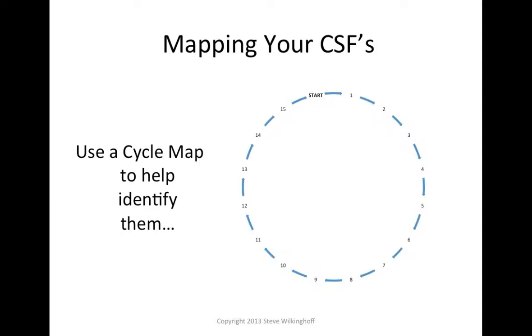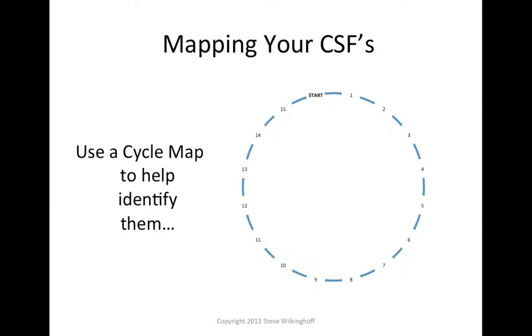What happens after that? Then you deliver that product and service. Then you probably invoice them, or maybe you got paid up front, and so on, all the way around, and you map out your entire cycle of interaction with your customer from the time they are a lead and first come in contact with you till the time they are a repeat customer who comes back frequently. And that's a cycle map.